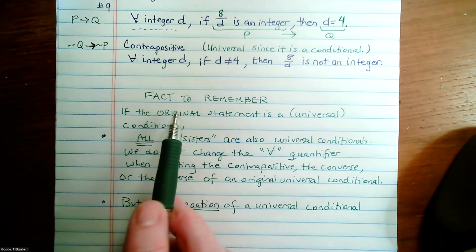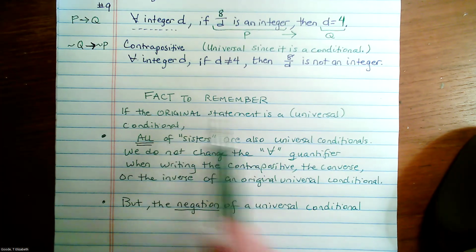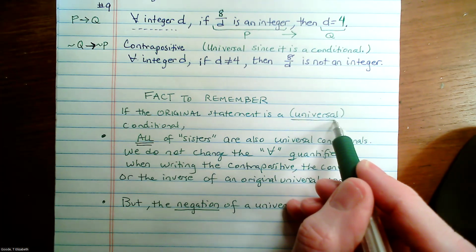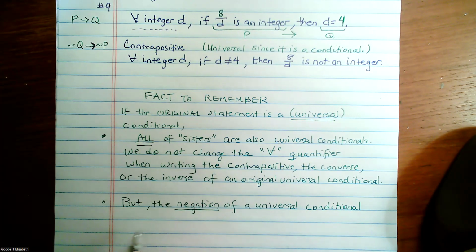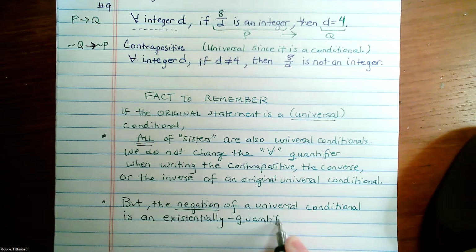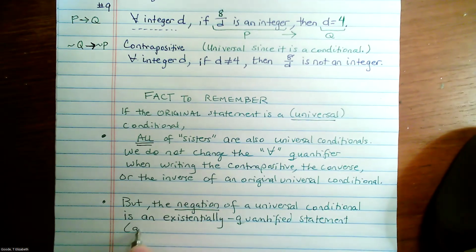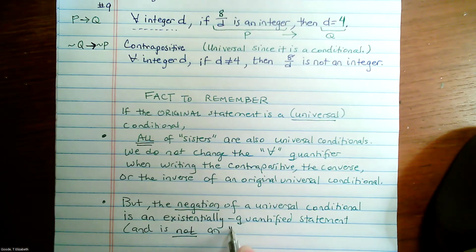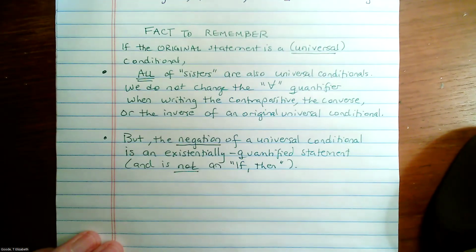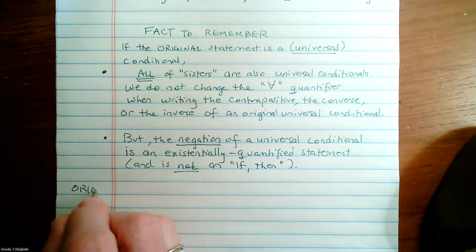But we know that the negation of a universal statement is an existentially quantified statement, and is not an if-then, right? It's an and statement. So we can just go through this really quickly.